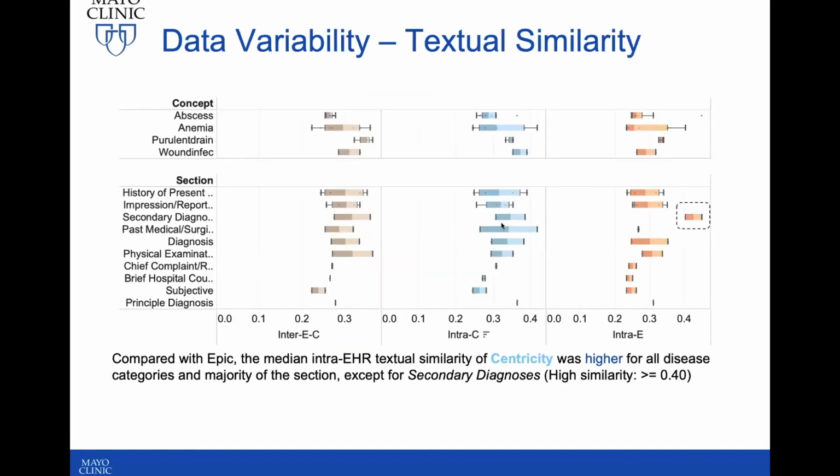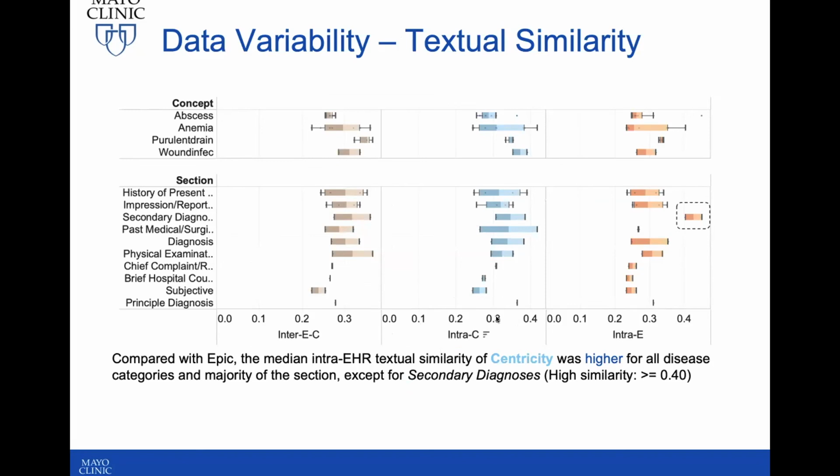We also compared the language standardization between EPIC and Centricity. This is indicated by the textual similarity score, where 4 equals standardized and 0 equals non-standardized.